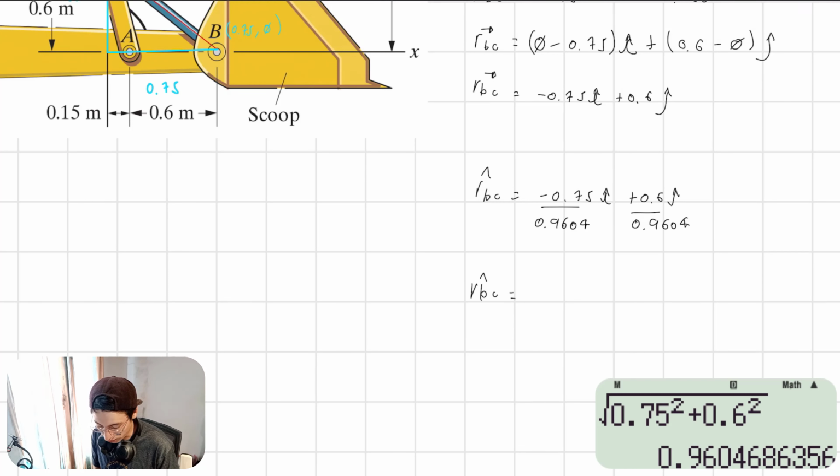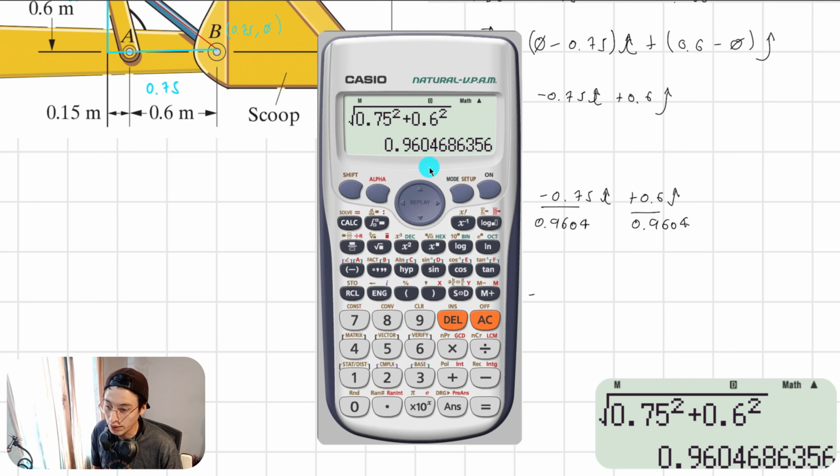The unit vector RBC is going to be equal to minus. I'm going to save this number within the calculator, and I'm going to teach you how. I just have to press Shift and this for me to open the storage, and I just have to select within which storage I want to save the number.